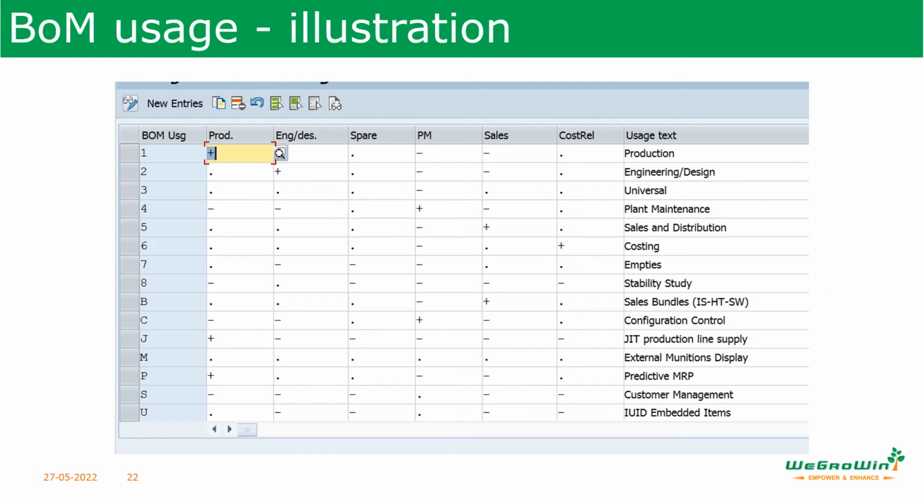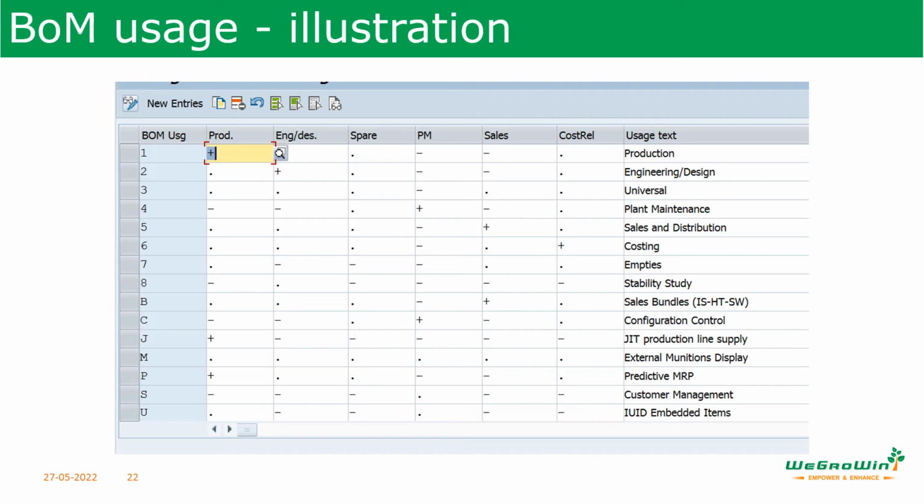Now we can see some examples of specific BOM usage. For example, design BOM will include all the components of the product and the technical data from a design point of view. This BOM is not generally linked to any other purpose. And the production BOM contains all the items required for production and assembly. Here only items relevant to production data are required.